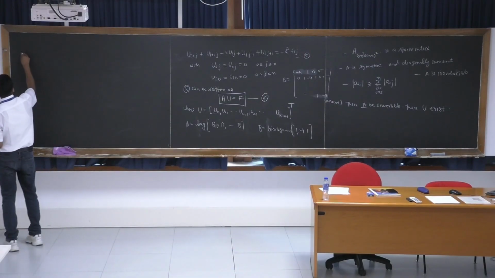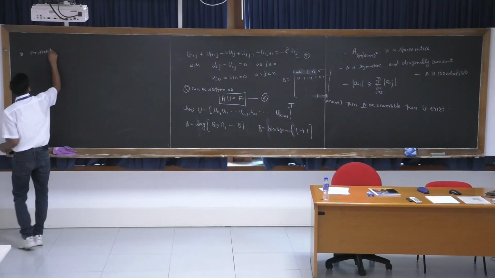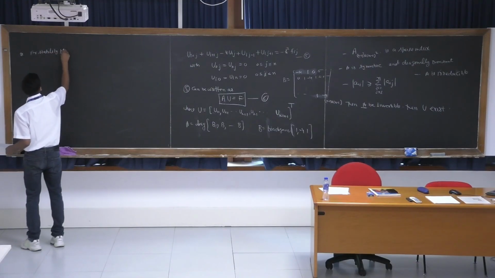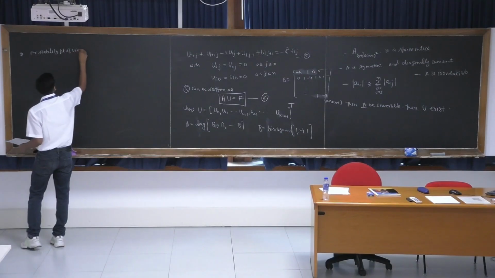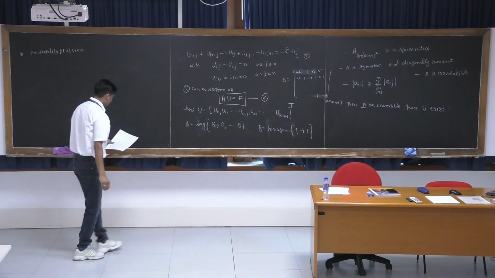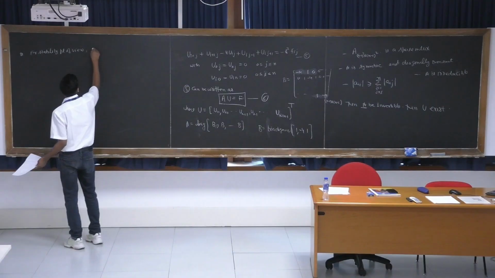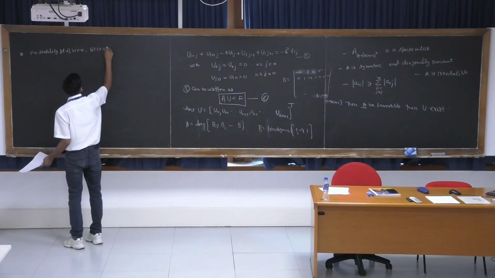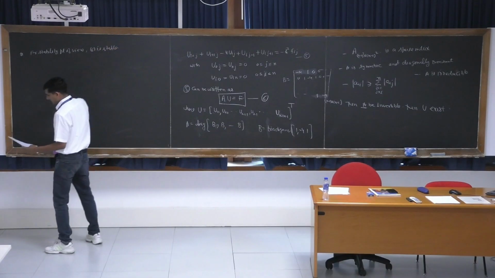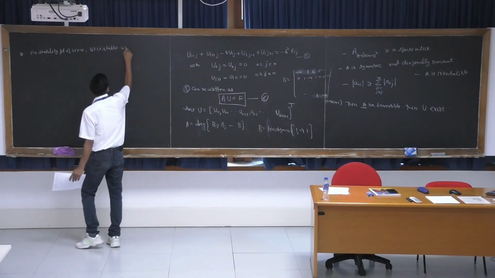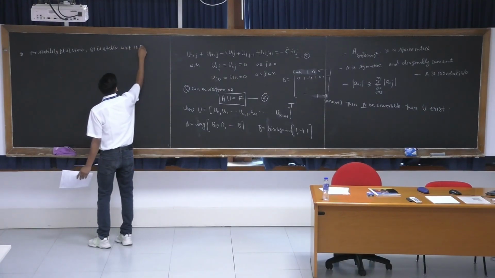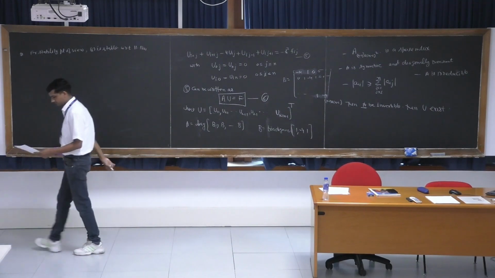So from the stability point of view, 6 is a stable system, stable with respect to the L infinity norm.